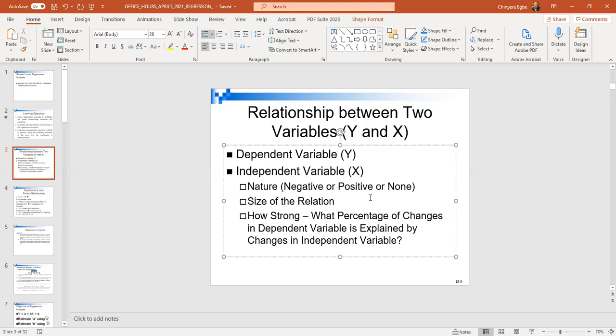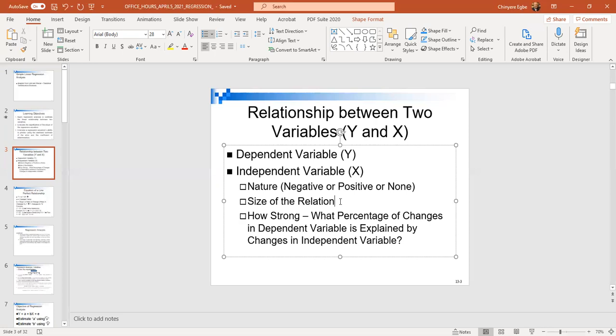Your bill is going to get higher and higher. So the amount of your bill is the dependent variable, and the independent variable is the amount of gas that you use. In that case, you have a positive relationship. The higher the independent variable, the higher the dependent variable.